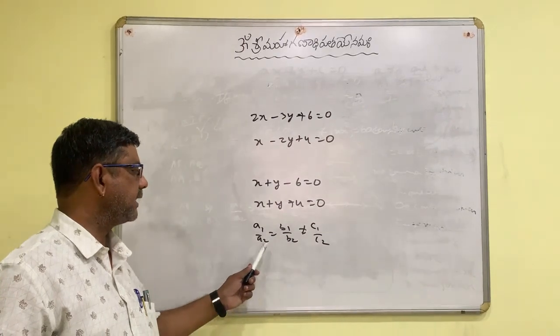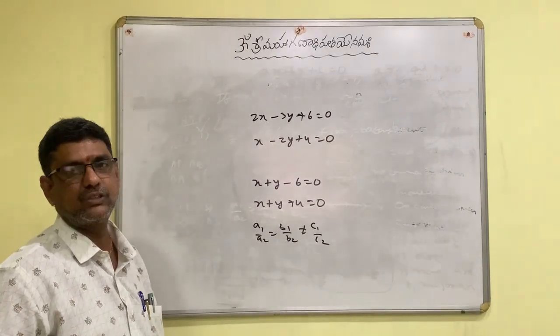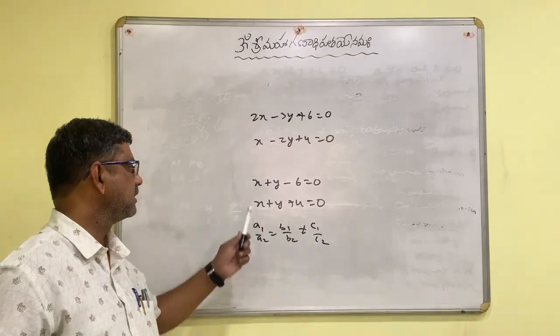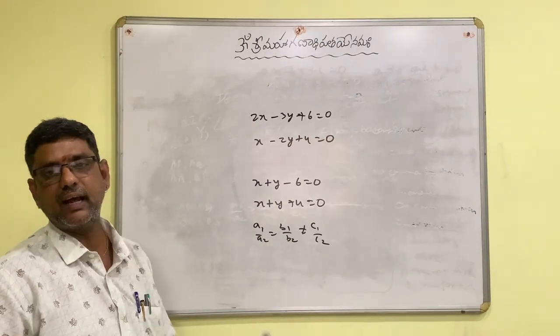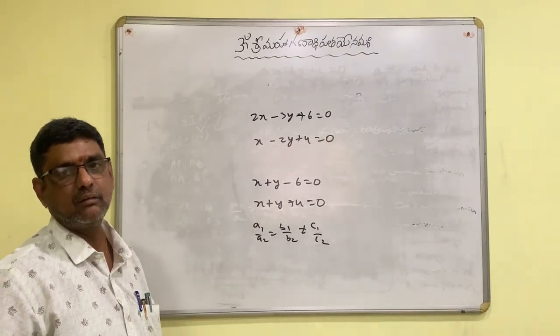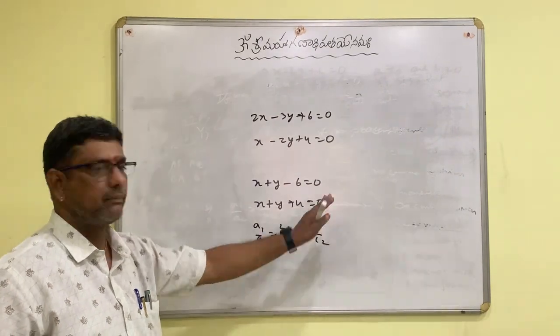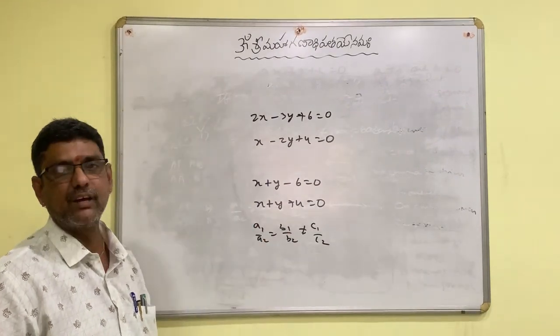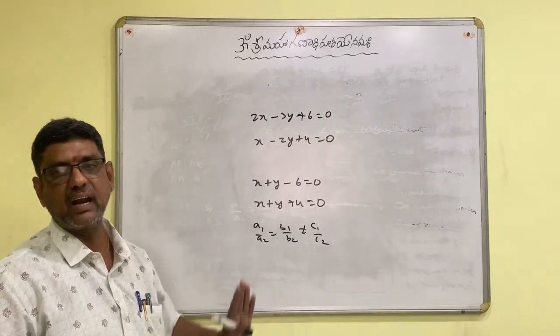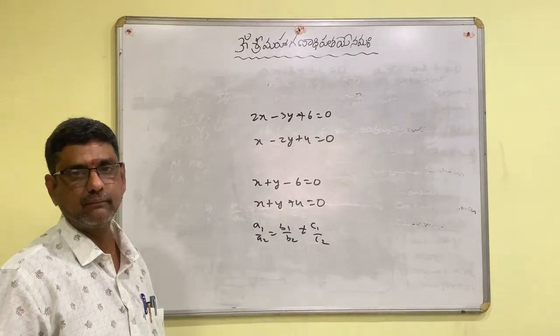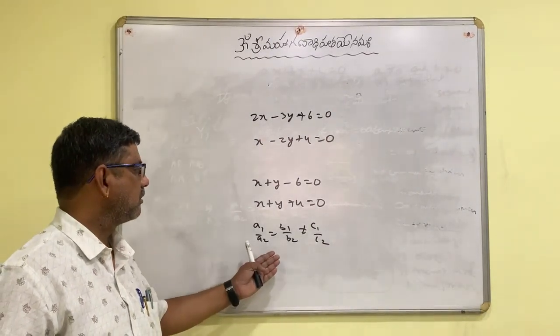So A1 by A2 equals B1 by B2, not equal to C1 by C2. That means this pair does not have any common solution. If we draw the graph of these two equations, we will get two parallel lines, meaning no common solution.